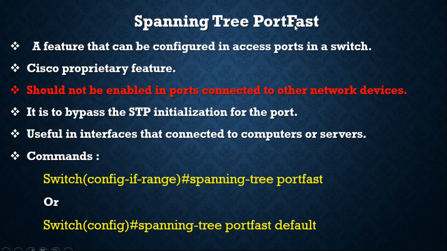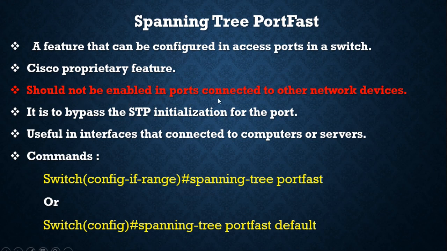If you enable spanning tree PortFast, that port comes directly from disabled into the forwarding state without going through the listening and learning states. Actually, the listening and learning states are used by STP in order to avoid looping problems in a network. So while we bypass the STP initialization in access ports, the port comes directly from the disabled or blocked state into the forwarding state, so we should be careful doing this.